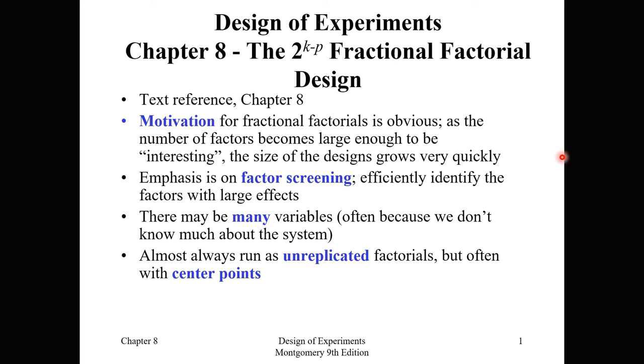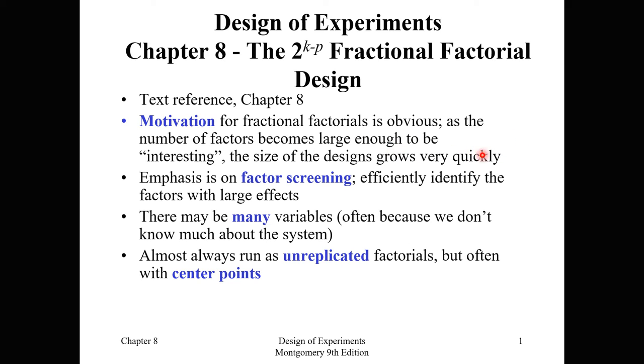Now this should make a lot of sense because as we get a large number of factors, which is one of the benefits of 2K, we can assess a large number of factors very quickly all together in the same design. But when we actually get enough factors to be interesting, the size of the design, that is the number of runs that we have to do, grows very quickly.